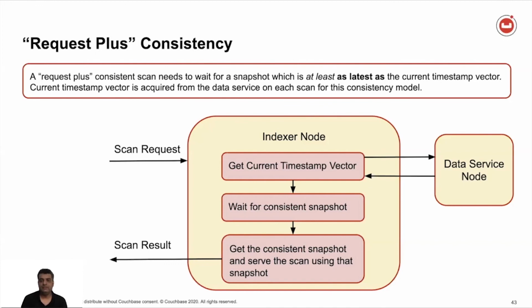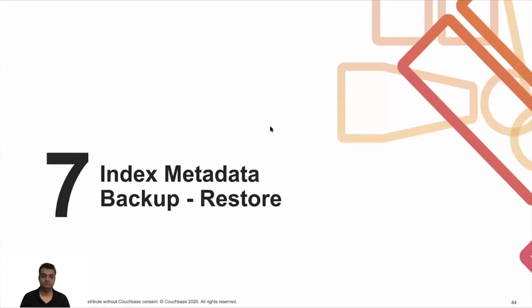So it will make a request to the data service, wait for the timestamp to be received, and then wait again for a consistent snapshot to be available. Once the consistent snapshot becomes available, the scan results will be returned to the user.